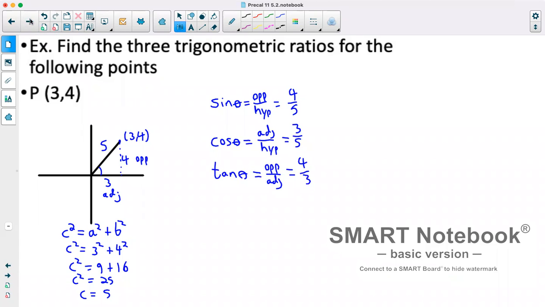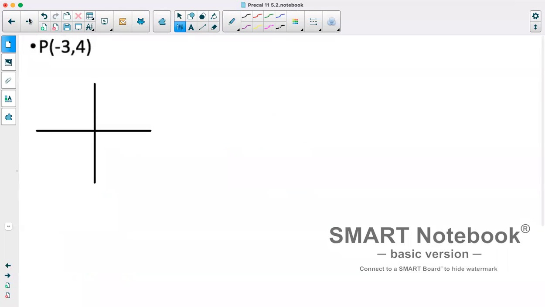Okay, so we'll go on to the next example. We have the point (-3, 4). So at -3, we are at 4. So once again, draw our triangle in. So our x was -3, our y was 4. I used the same values as the last one, so you don't have to recalculate our hypotenuse. And then we'll write out our trig ratios.